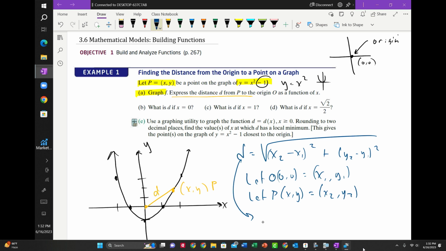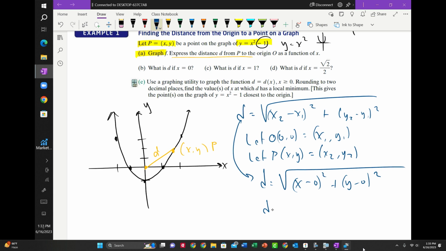Now our formula becomes x minus 0, quantity squared, plus y minus 0, quantity squared. So our distance is the square root of x squared plus y squared.